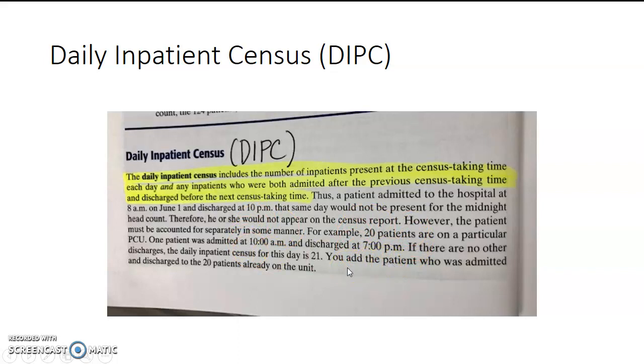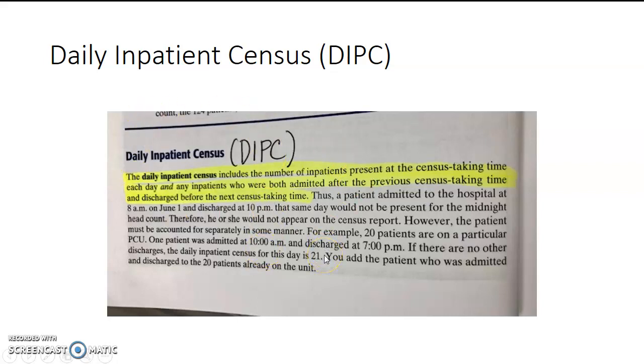So when we're looking at the daily inpatient census, it's very important to calculate those folks, because guess what? This patient from 10 to 7 received services from us. And if we just relied on the head and the bed census, we wouldn't capture these folks.